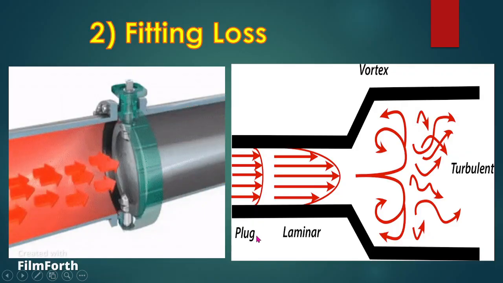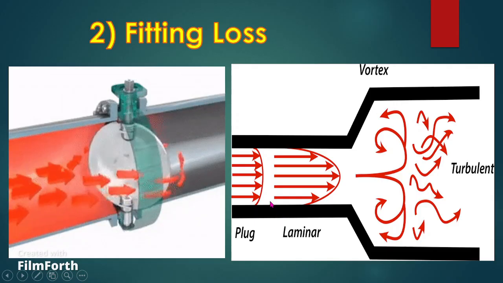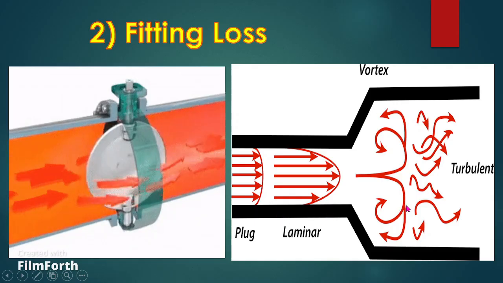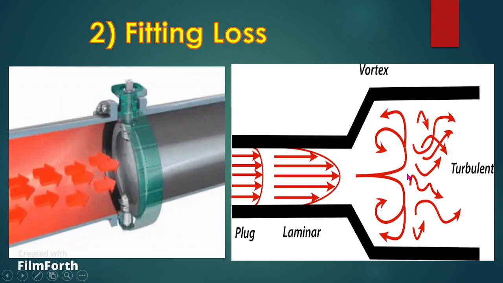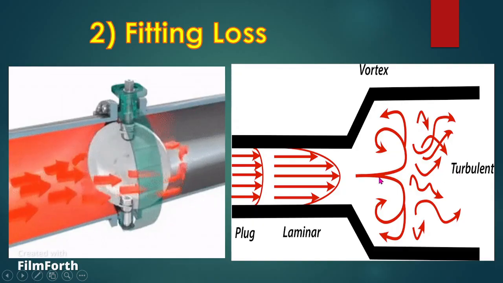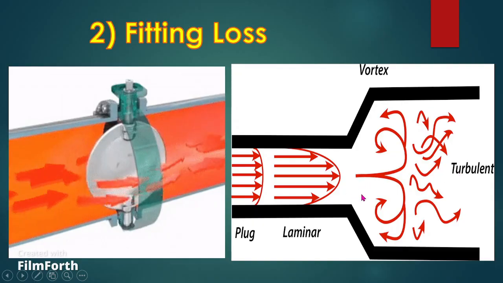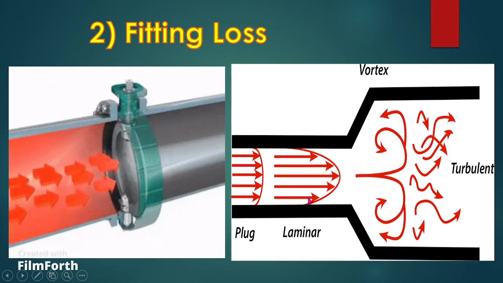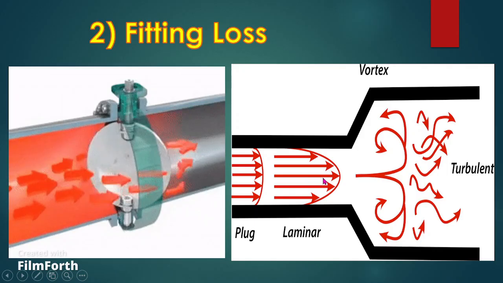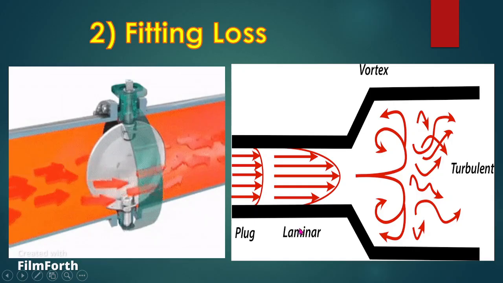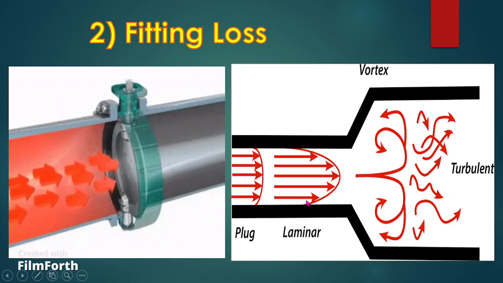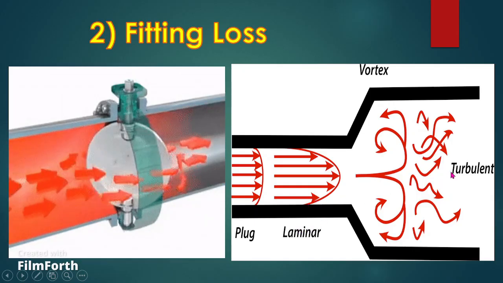This disturbance is called turbulence or turbulent flow. When water particles move randomly and swirl, pressure loss increases. In contrast, when water flows in a straight path before a fitting, particles move parallel and smoothly. This is laminar flow. Laminar flow has lower friction loss, whereas turbulent flow has higher resistance, leading to greater pressure loss.